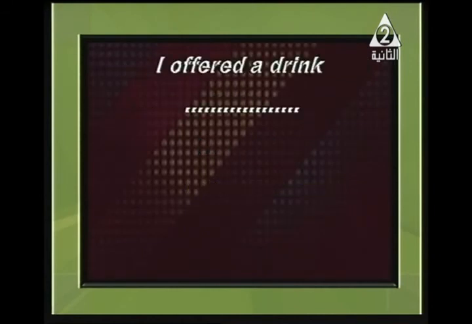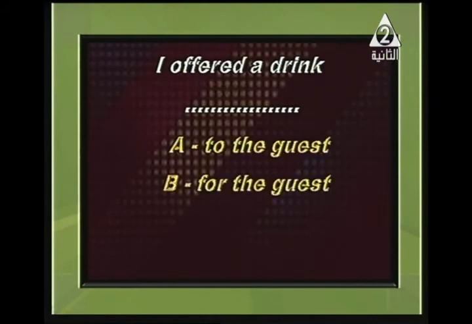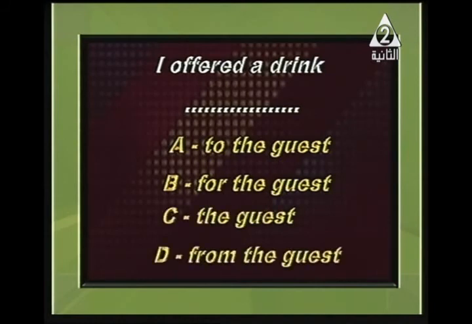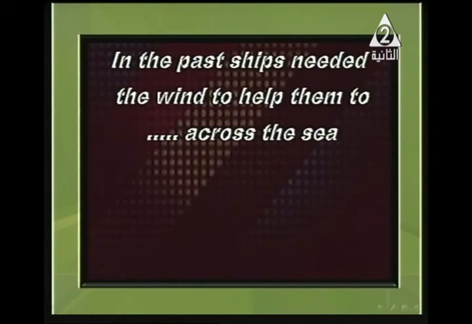I offered a drink blank. A. To the guest. B. For the guest. C. The guest. D. From the guest. The right answer is, very good, to the guest. I offered a drink to the guest.